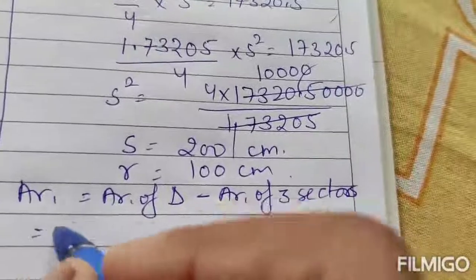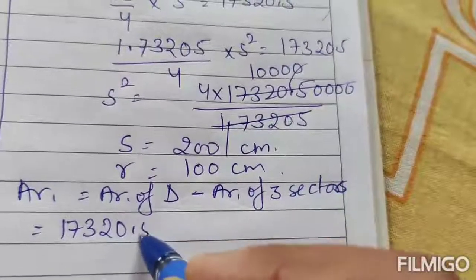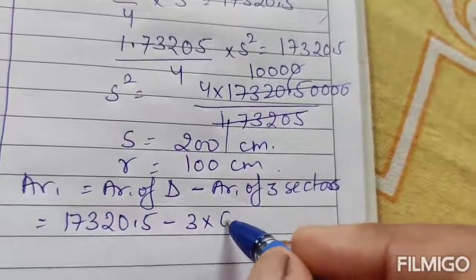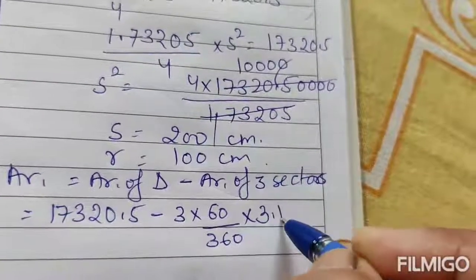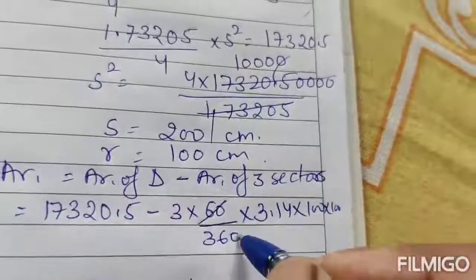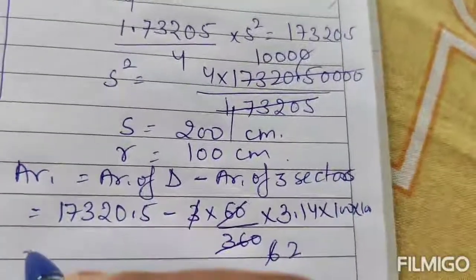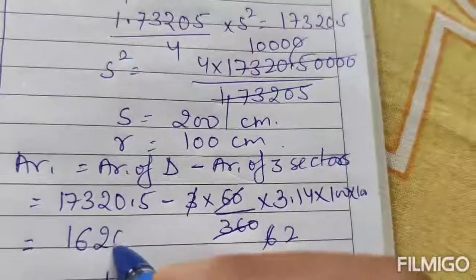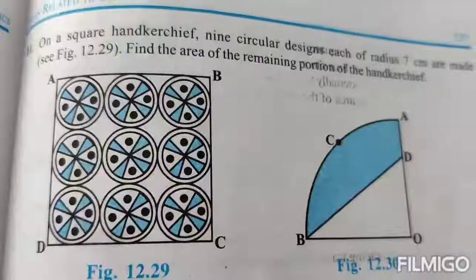The area of the equilateral triangle is given as 17320.5. For 3 sectors: 3 into theta equal to 60 degrees by 360 into pi 3.14 and r square is 100 into 100. Now solve. You get 1620.5 centimeter square.